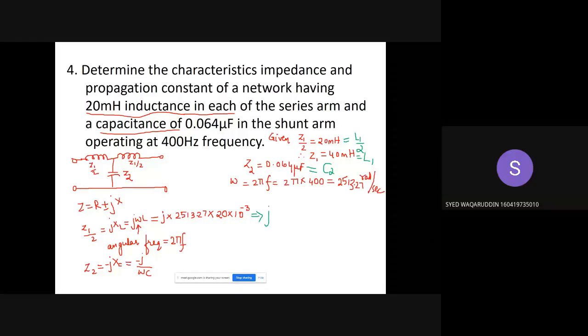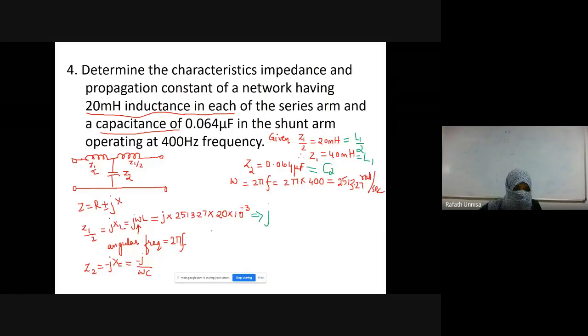J times 100.53. Z1 by 2, Z1 by 2. Kindly check and tell me. Z1 by 2, J into 50.26.